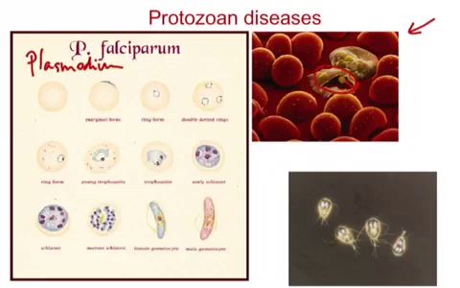Another common protozoan is Giardia, which is a waterborne parasite which can cause long-term dysentery and diarrhea and other effects on the gastrointestinal system. So this is Giardia down here, and quite a persistent infection, quite difficult to remove.